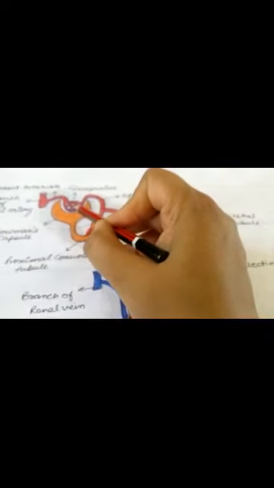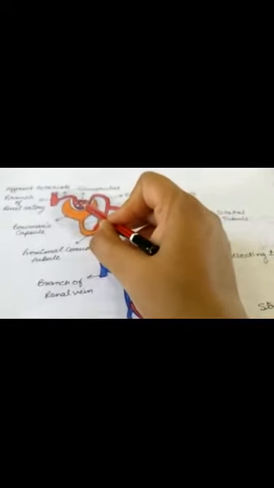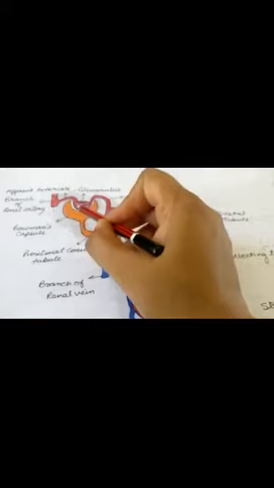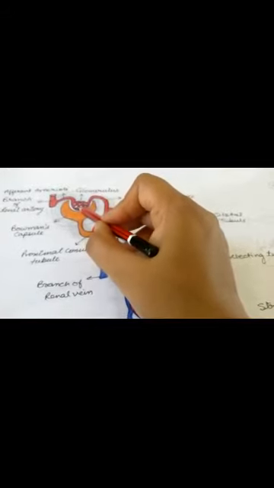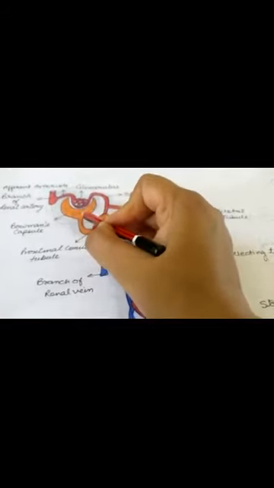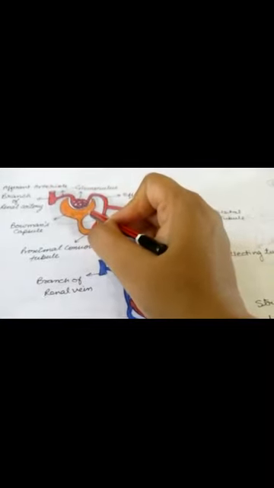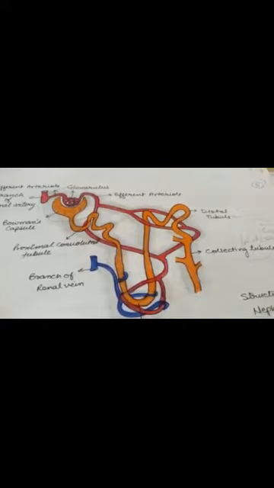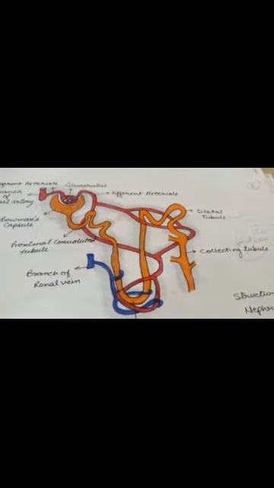As these are very thin, very fine blood capillaries, the pressure inside them is very high. Under this high pressure, the blood gets filtered and whatever liquid content comes out is called nephric filtrate. It gets collected inside the Bowman's capsule, and that filtrate contains a lot of water, glucose, amino acids, urea, and uric acid also.